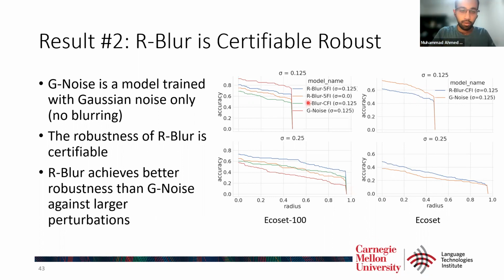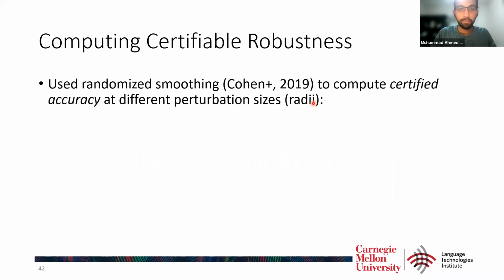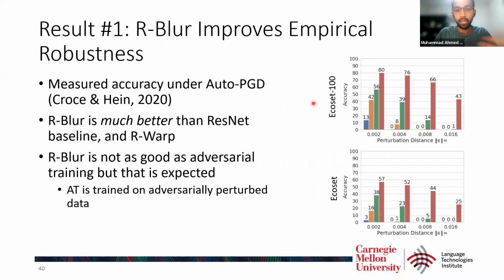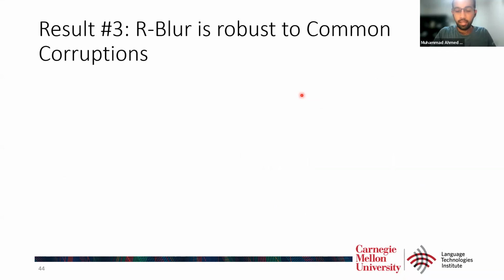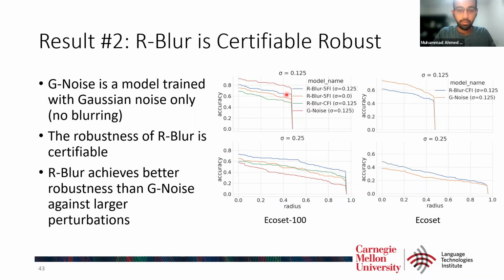If you notice, the accuracy that we get under certifiable robustness is similar to the accuracy we get under empirical evaluations. Which means that the accuracy we see over here is provably the accuracy we are going to get when our blur is subjected to any perturbation having the radius that is on the x-axis.